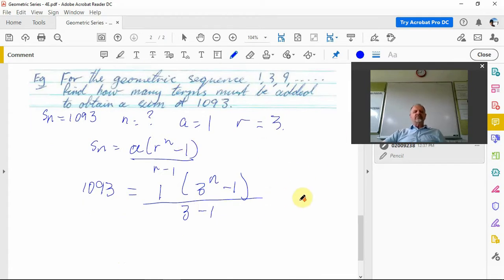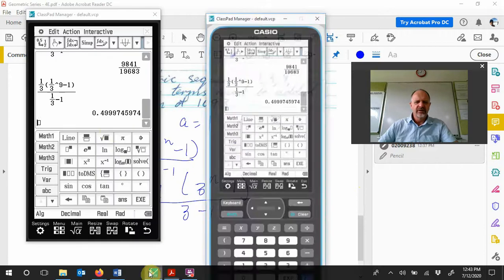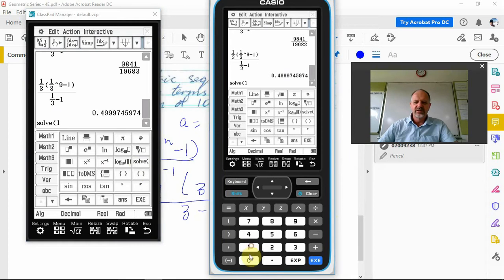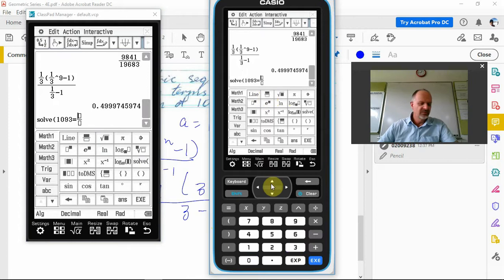And again, I'd be using a calculator job here to solve this. So use the solve function in your calculator. We're solving 1093 equals fraction 1 times the bracket, which has a fraction in it. 3 to the power of x, you can use n if you go in here, but x is on the keypad. 3 to the power of x, take 1, close that bracket, over 3 minus 1.